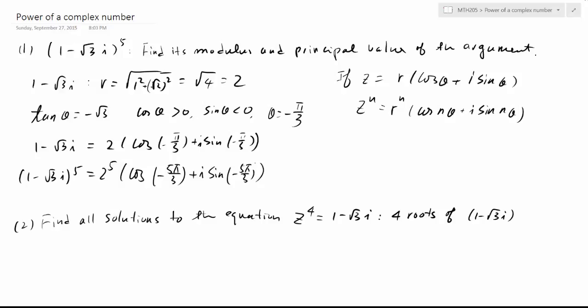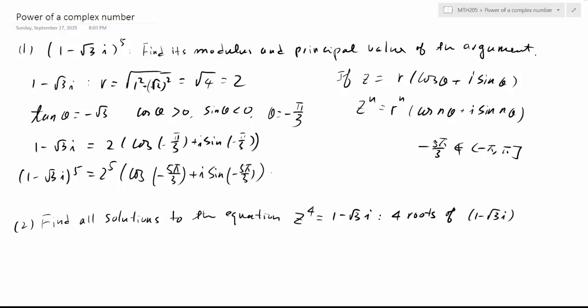But of course, we noticed that negative 5 pi over 3 is not inside the principal value domain. So we look at an equivalent value because both cosine and sine functions are of period 2 pi, and negative 6 pi over 3 is exactly 2 pi.